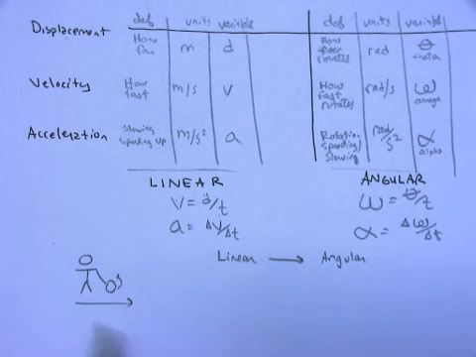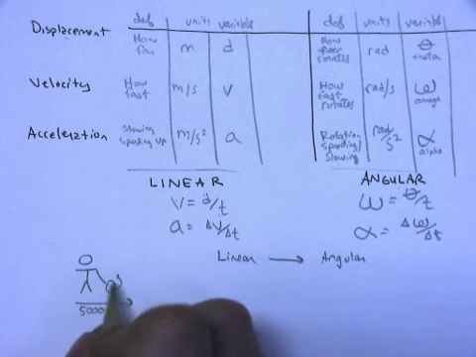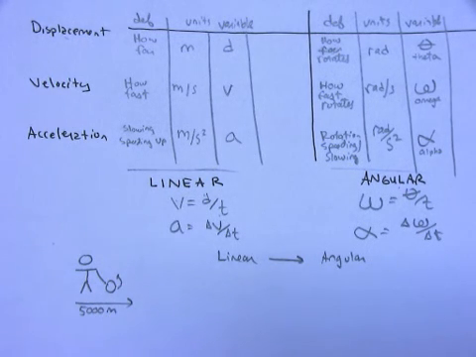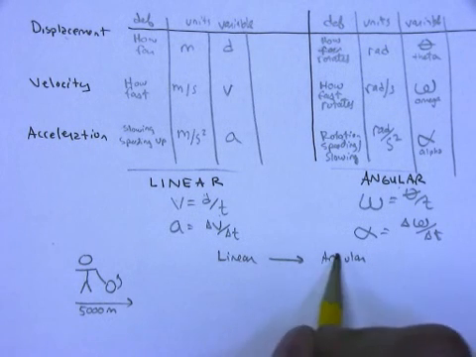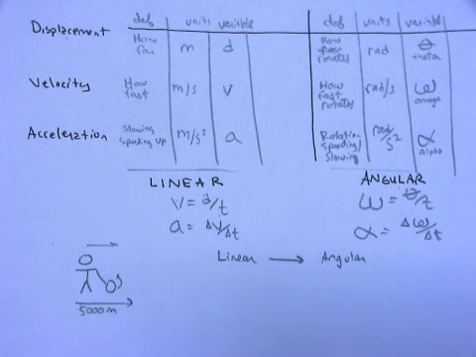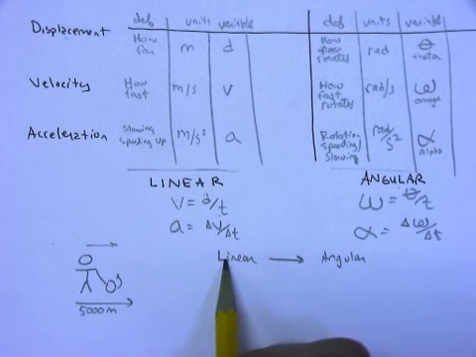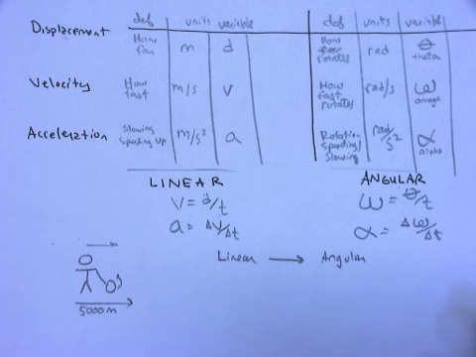If I walk a linear distance of 5,000 meters, what's the angular displacement? How many rotations does my wheel go? Going from linear to angular. If I'm running on a cross-country course, how fast does this rotate? If I'm accelerating, so if I want to go from linear to angular, it works like this. This is kind of cool. Watch how this works.